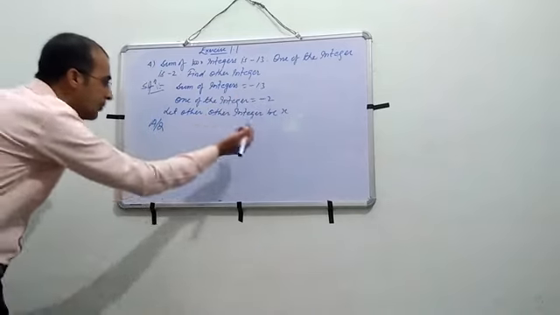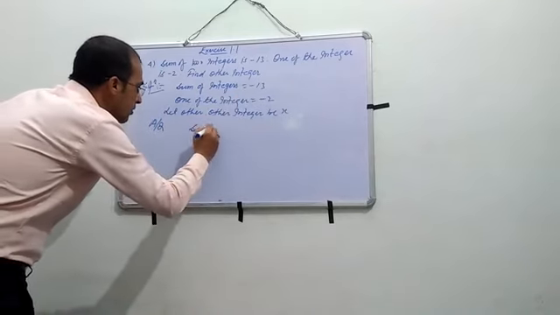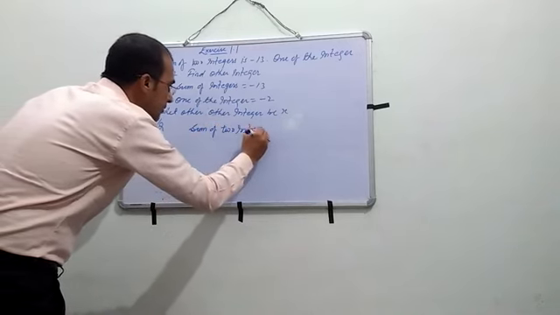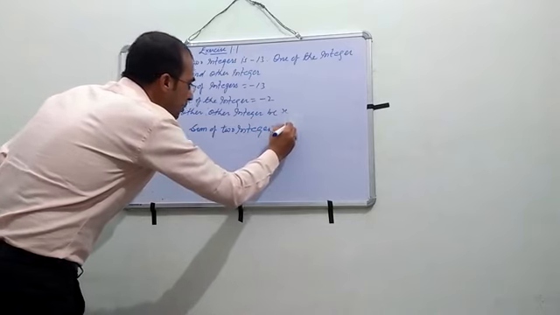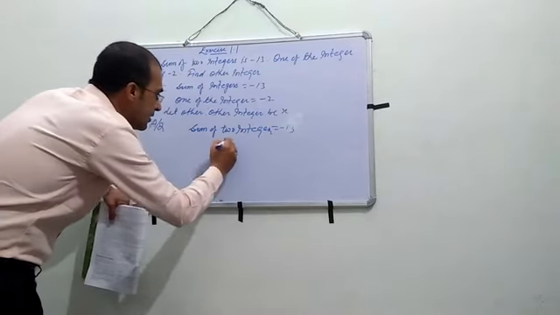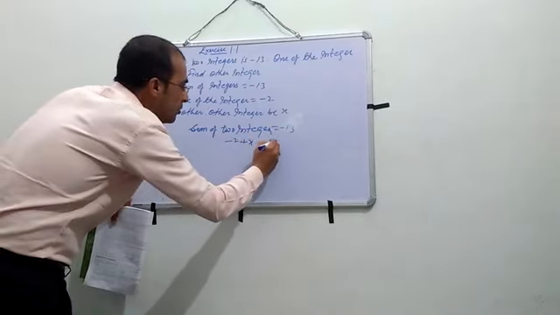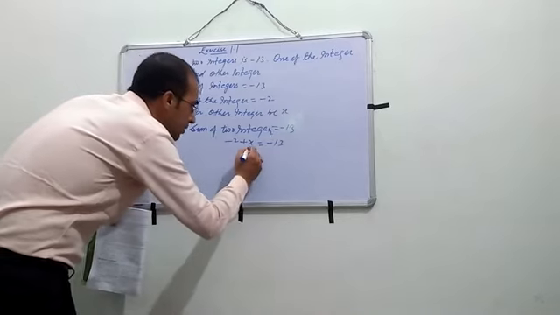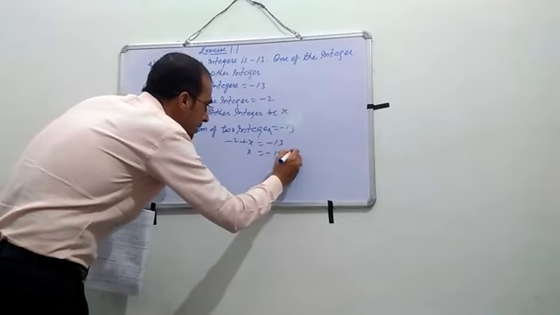According to the question, the sum of two integers equals minus 13. It means minus 2 plus x equals minus 13. Minus 2 will transfer to that side. So x equals minus 13 minus 2.